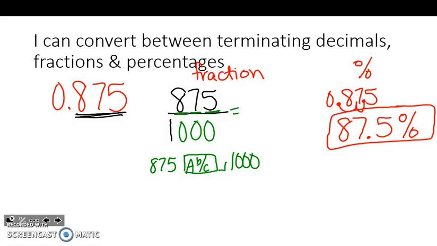And you're going to hit enter. So if that fraction will simplify, notice that it told you that it is now 7 over 8. If it will simplify, it's going to give you the simplified fraction. So our 2 answers are 7 over 8 and 87.5%. That's the fraction number for 0.875, and that is the percent for 0.875.